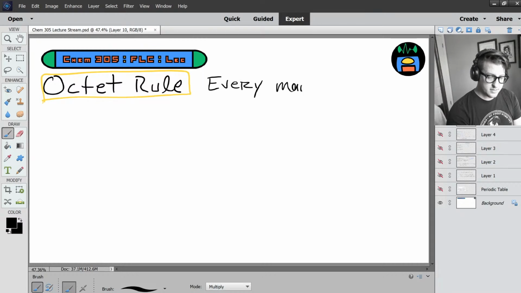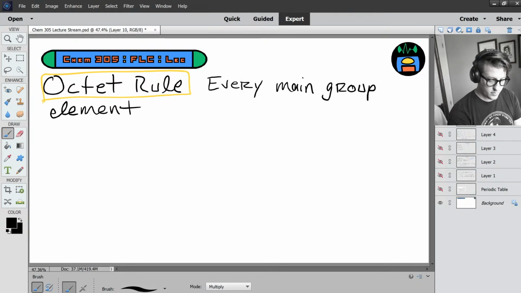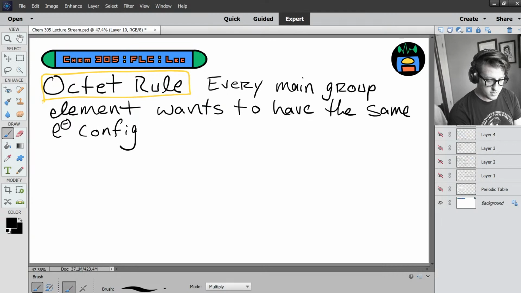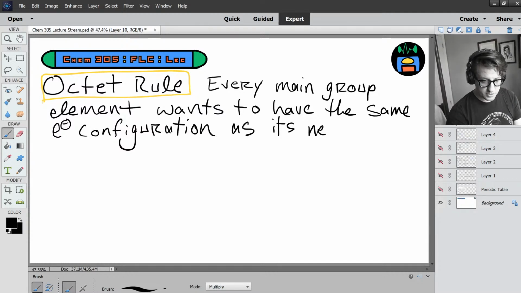Every main group element wants to have the same number, or I should say the same electron configuration, as its nearest noble gas.